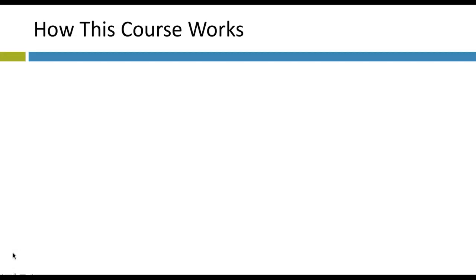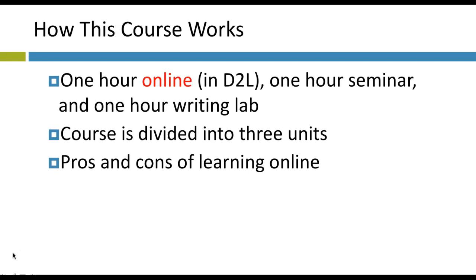COM 202 is based on three interlocking components. There is a weekly reading for you to do, a 1-hour seminar, and a 1-hour lab. Depending on your instructor, that seminar might be a live class conducted on video, a recorded screencast like this one you are listening to right now, a question and answer session, or some combination of these.